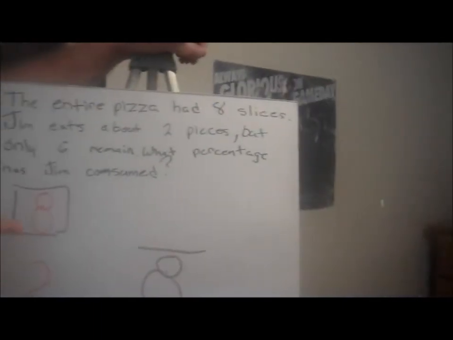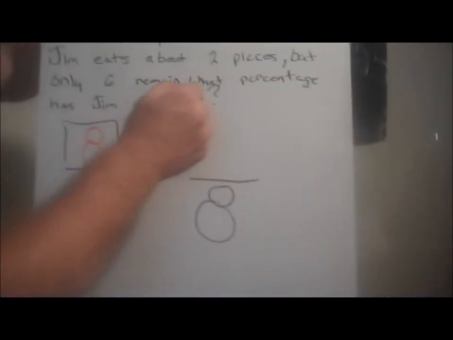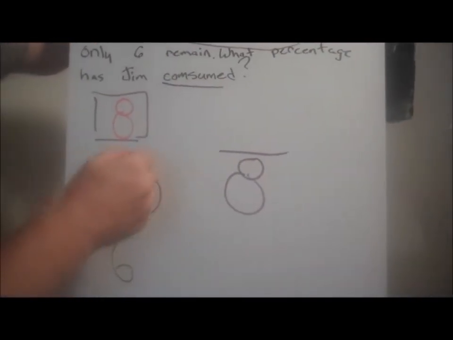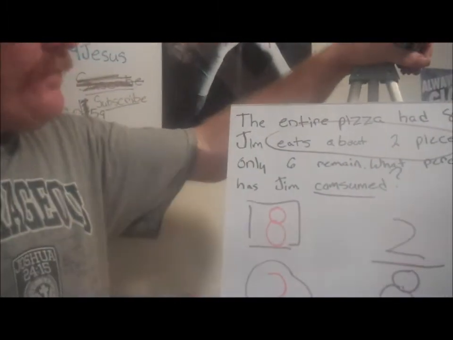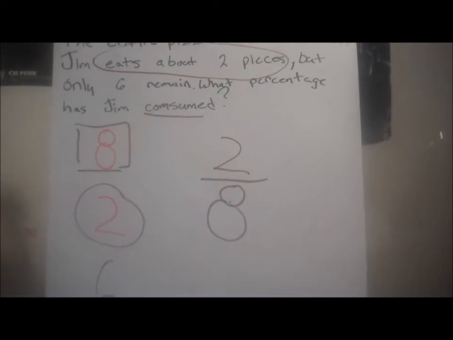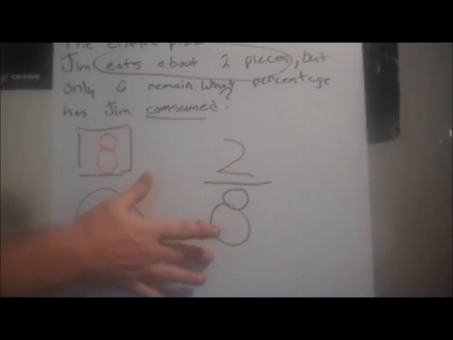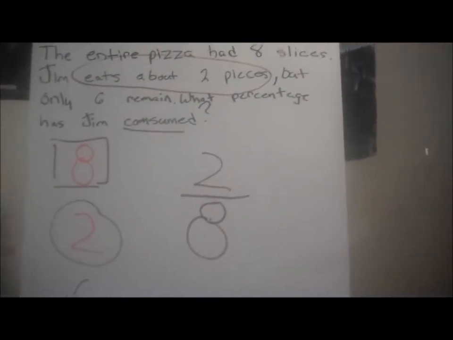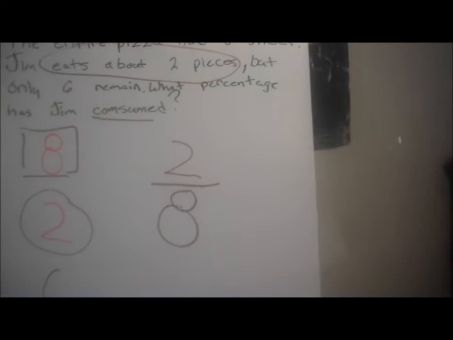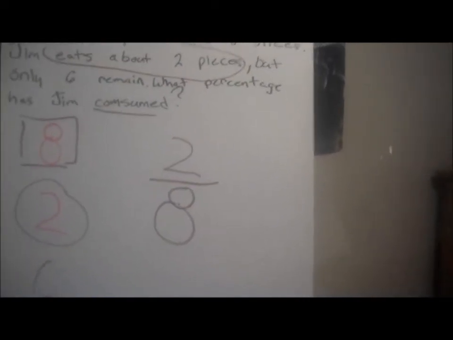Now, Jim consumed, that means we want to go up here and pick 2, for 2 out of 8 pieces. And one other part of the problem that we have to take into consideration, when we divide the top by the bottom, that's all it is in Steven's world, and you might have already done that on your calculators, or you already know that 2 over 8 is 1/4.